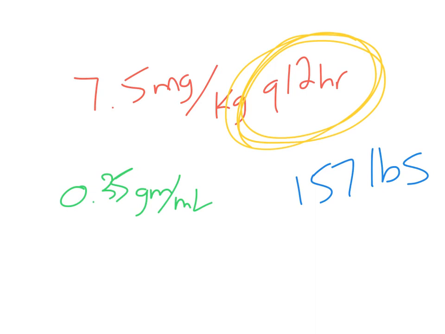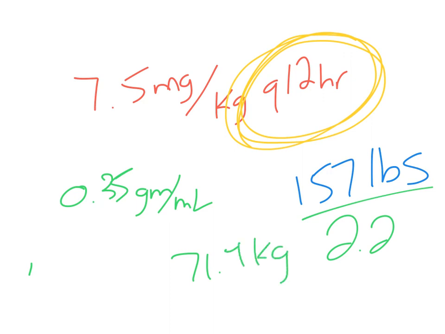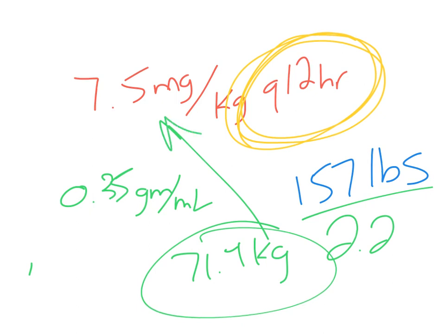Okay. Patient weighs 157 pounds. So again, 157 pounds divided by 2.2. So 157 divided by 2.2 is 71.4, if we rounded that right. 71.4 kilograms. Which means they need 71.4 times this dose.